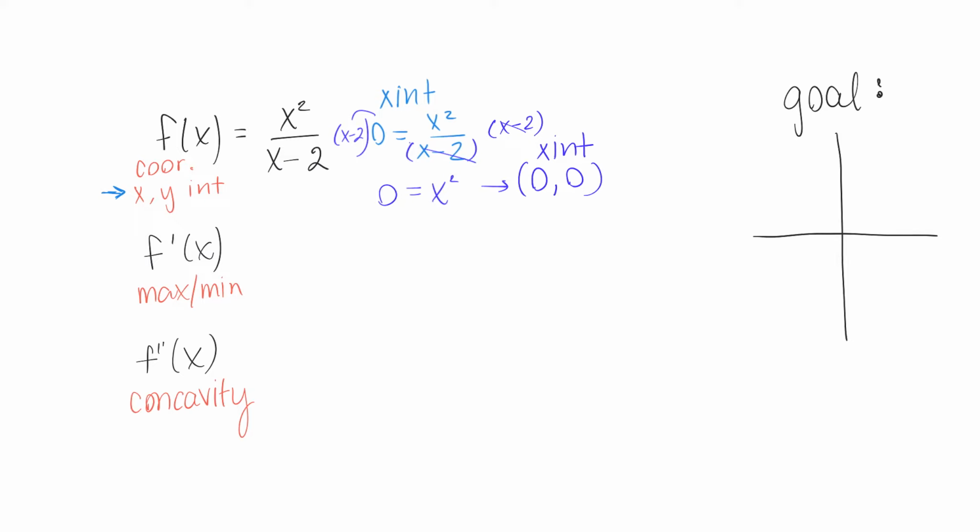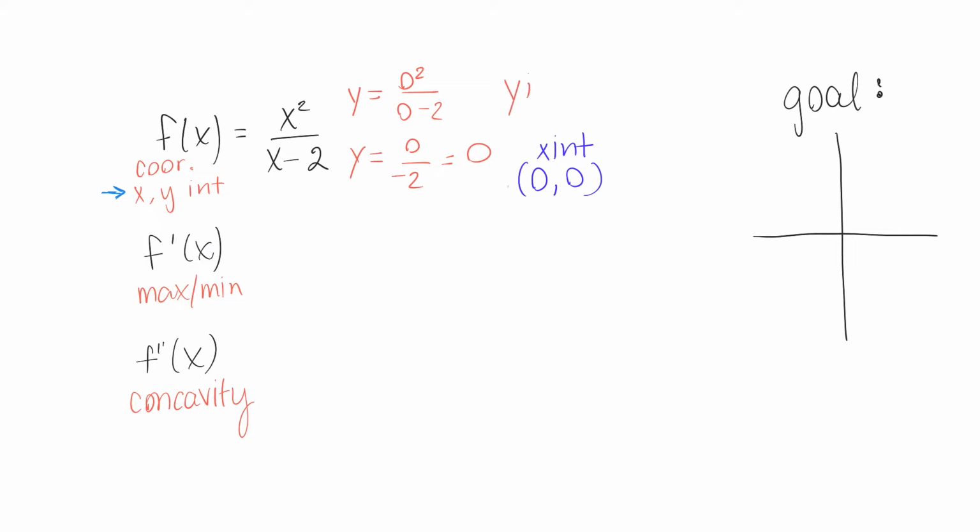Now let's find our y-intercept. Our y-intercept happens when x is 0. So 0 squared over 0 minus 2 is 0 over negative 2, which is 0. So our y-intercept, shocking, is at 0, 0.